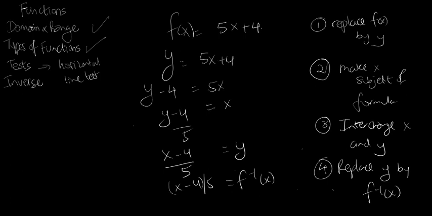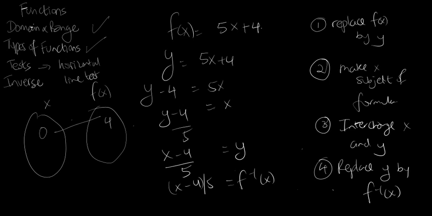Now let's see how it works. I'm going to draw my arrow diagrams here. So x and f(x). Let's say I replace x by 0. I get 5 times 0, 0. 0 plus 4, which is 4. So under the original equation, 0 is converted to 4.